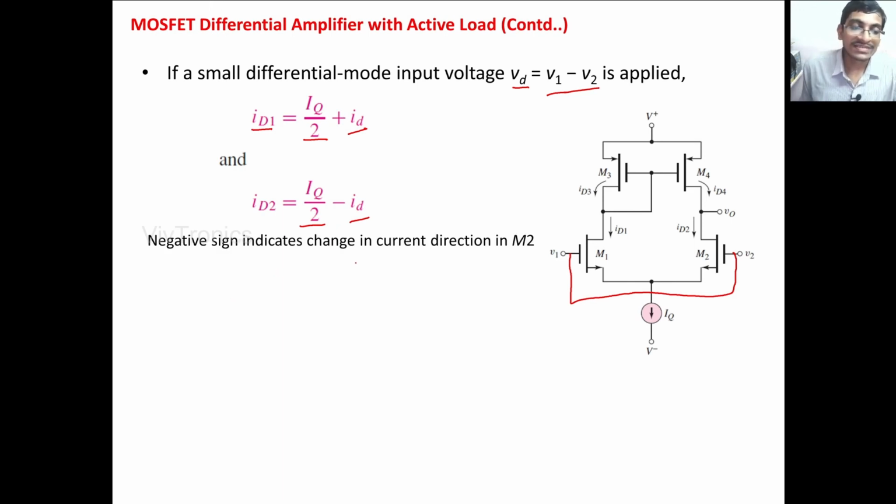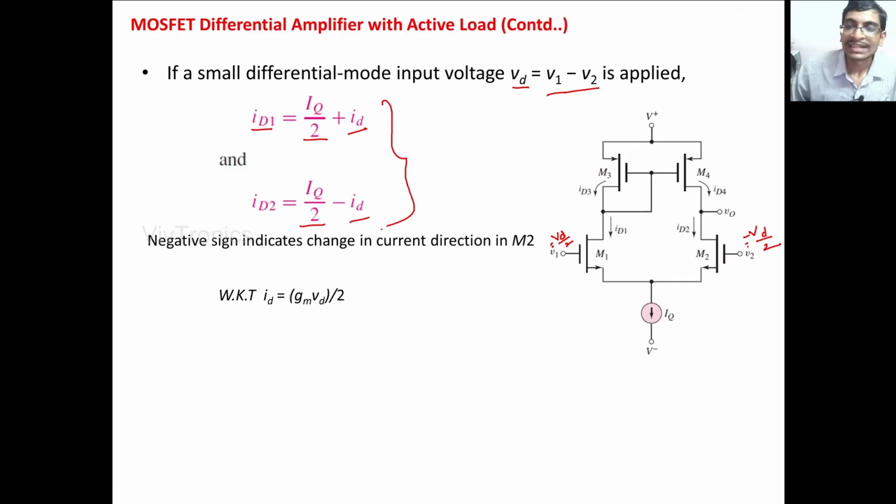Here the negative sign indicates the change in current direction in the M2 transistor, because we are applying two different voltages. Say V1 is equal to Vd by 2 and V2 is equal to minus Vd by 2. If we apply it like that, we get the drain currents like this.